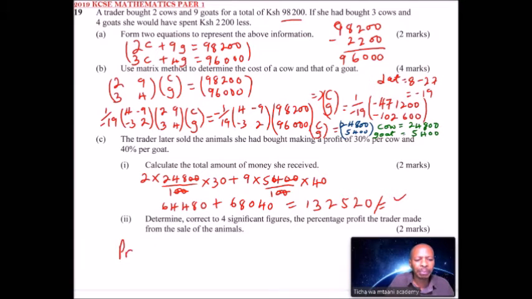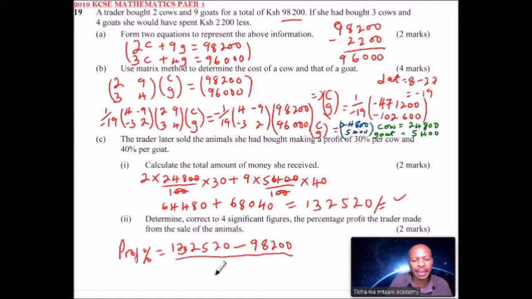Profit percentage is equal to the amount he got after selling the goods, that is 132,520, minus the amount he bought the animals for, 98,200. This will give you the profit.